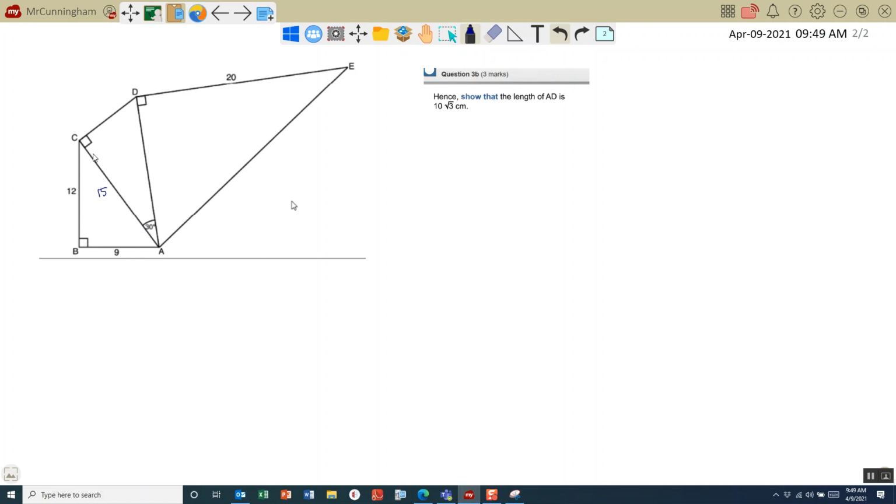Okay, so I'm going to deal with this triangle now, because I've got this side of the triangle, I've got this angle, so I can use trigonometry. So in order to use trigonometry, I'm going to label my triangle. I've just taken this ACD and drawn it out. This is what we want to show, is 10 root 3. So here's my right angle triangle.